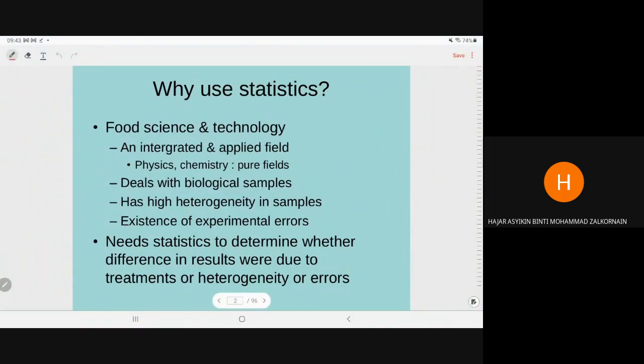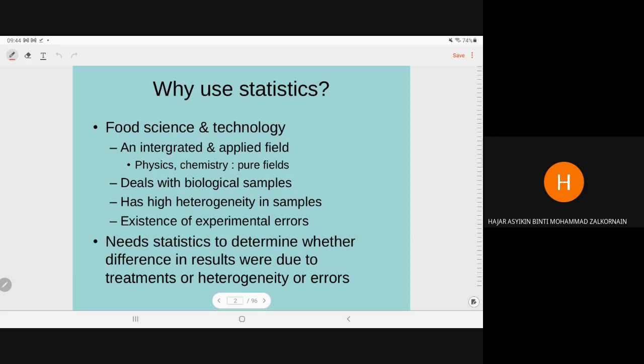Okay, so why do we use statistics in food science and technology? We greatly rely on the use of statistics, up to the point that if you do not have statistics, basically you have nothing. Your data, regardless of how much data you have, doesn't mean anything at all.